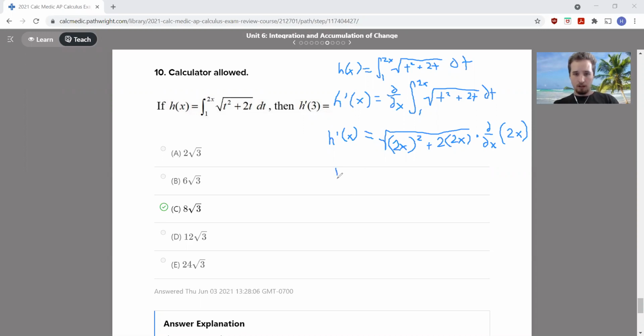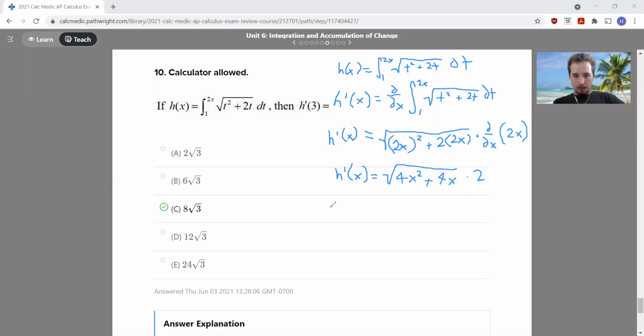So when we simplify this down, 2x all squared is going to be 4x squared, plus 2 times 2x, which is just going to be 4x. The derivative of 2x is just going to be 2. So it's just going to be multiplied by 2.